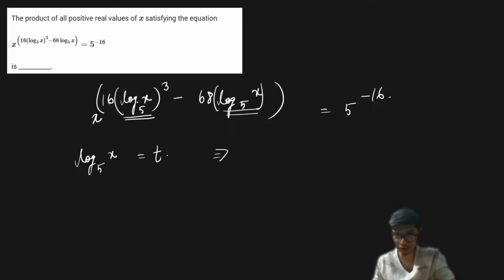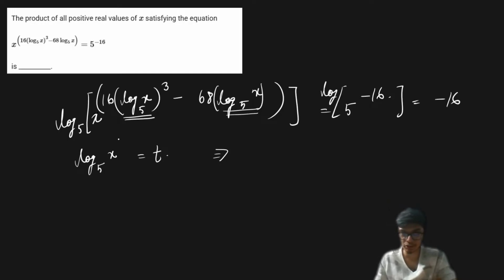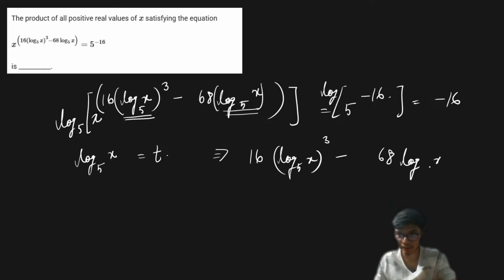Or what else I can do is take log on both sides. If I take log base 5 on both sides, then this equation becomes minus 16, that is equal to 16 times (log base 5 x) whole cube minus 68 times log x base 5, and that is equal to minus 16.